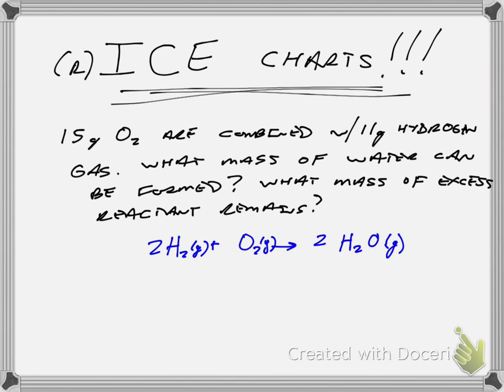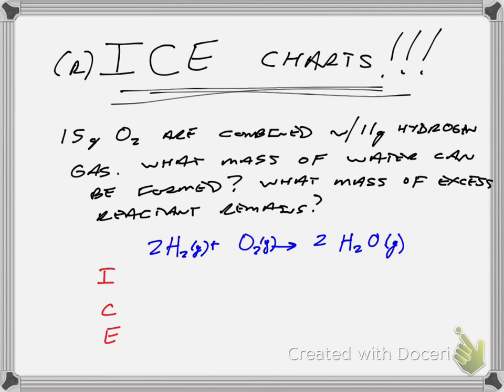So here's our equation, and then along the left-hand side here, we're going to write the letters I, C, and E. Now, I, C, and E typically stand for initial, change, and equilibrium. But since we're not talking about equilibrium yet, for now you can just call it end, E and D. So initial, change, and end.